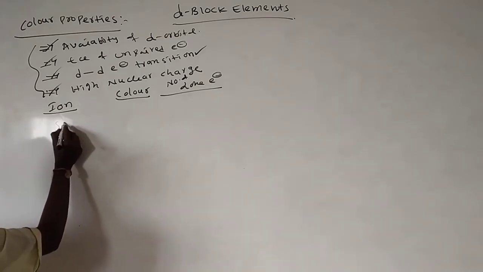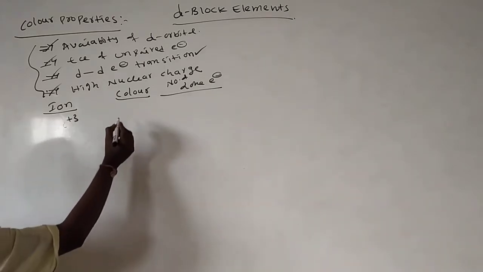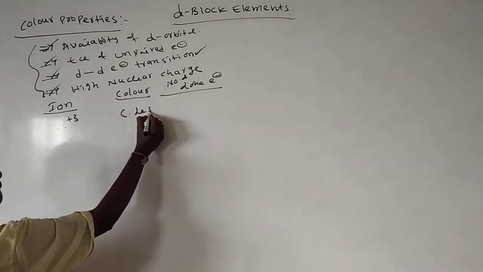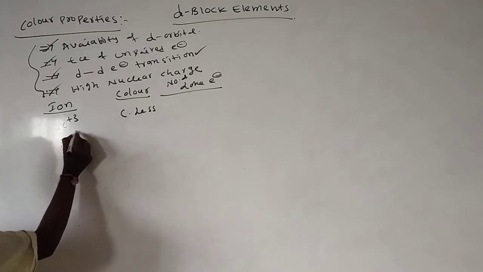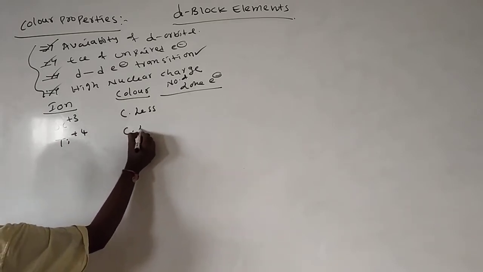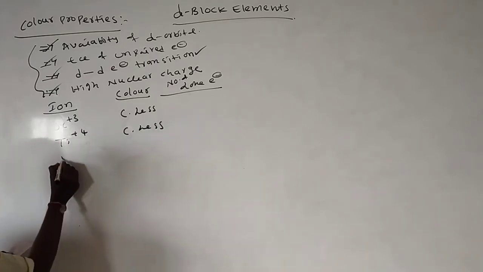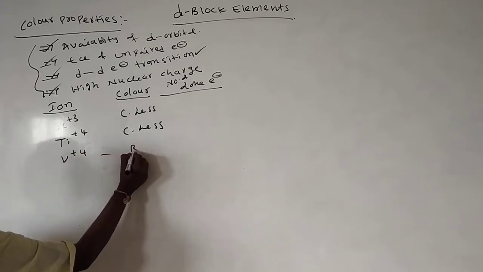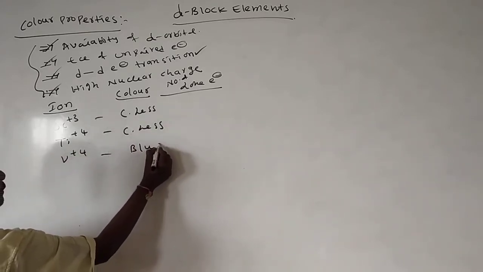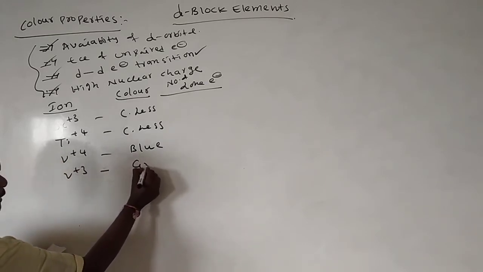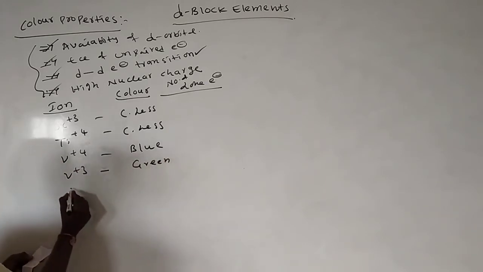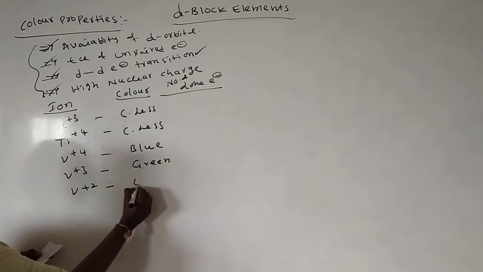One is scandium +3, colorless. We'll see how many lone electrons are there. Titanium +4, colorless. Next, vanadium +4, blue color. Vanadium +3, green color. Vanadium +2, violet color.